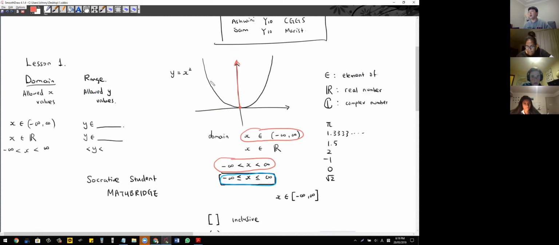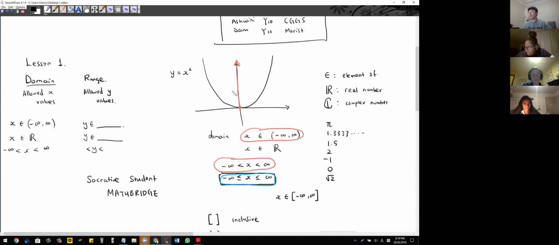Whereas the domain was from here to here, right? You see the technique? From left to right, that's how you find the domain. That's negative infinity to infinity. Of course, we cannot confine this graph. This graph goes on forever like this. That's why it's from negative infinity to infinity.